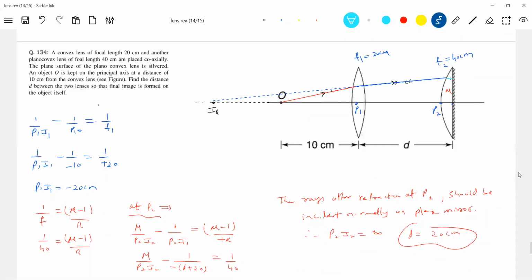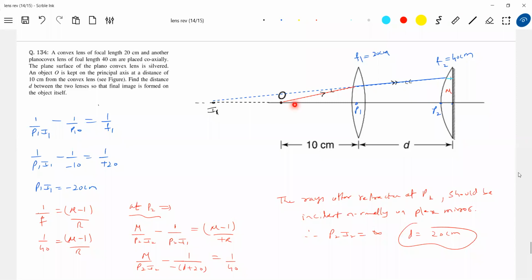I think this question is there in most of the books, and even in Icon, I feel it's available. What students will try to do is go for image again and again. Of course, you'll get the answer, but it is very lengthy. It takes maybe 20 minutes.